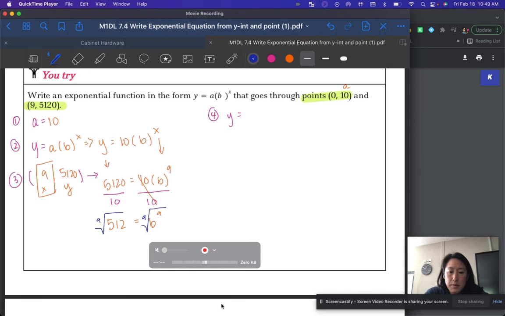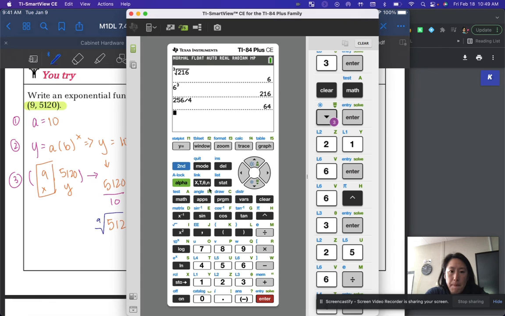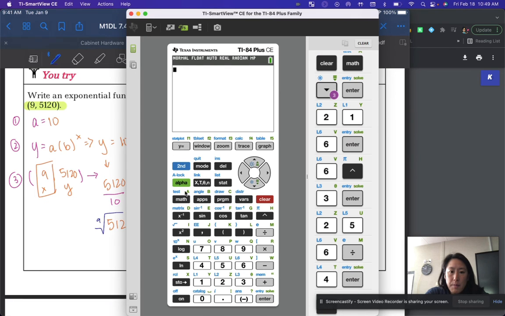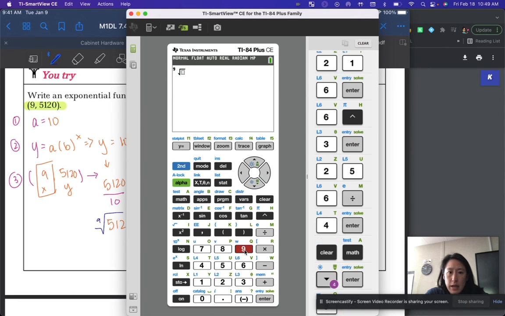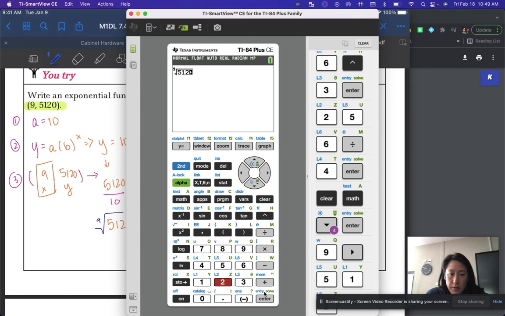Okay, we're going to go ahead and pop that into our calculator. So I have math, and then we're going to scroll down to number 5 where the little x root is. And I'm going to plug in 9 on the outside, and then 512 underneath the radical.